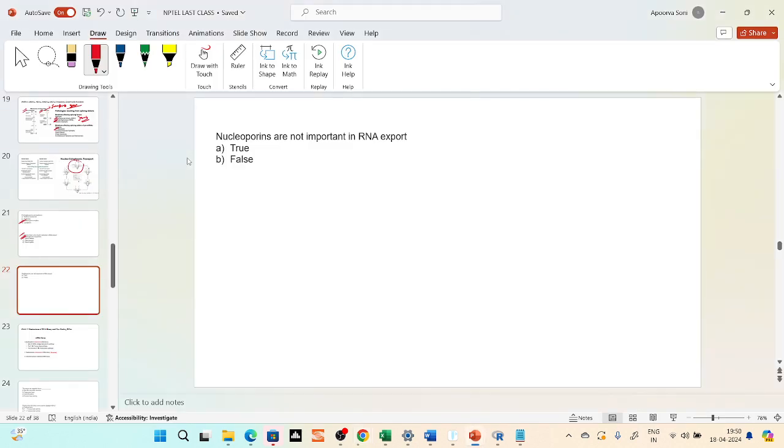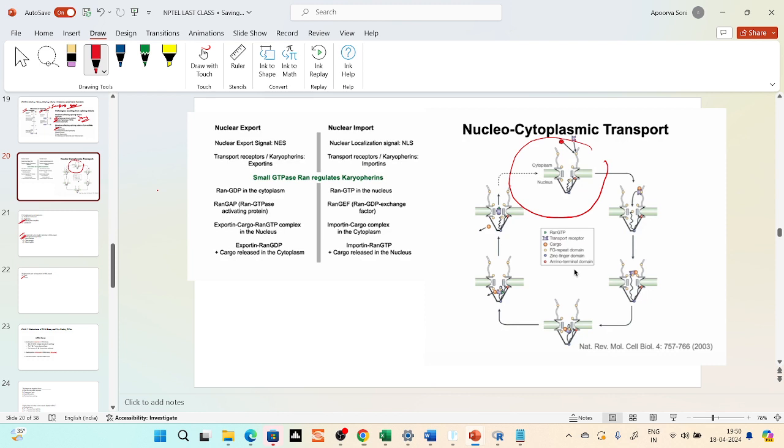That's why I'm trying to address the questions a little fast. So the answer is false, because nucleoporins are very important in RNA transport, as they are the ones which help in RNA transport and recognition. For example, the FG repeat sequence is a nucleoporin present in the nuclear pore complex, which is important for transport.